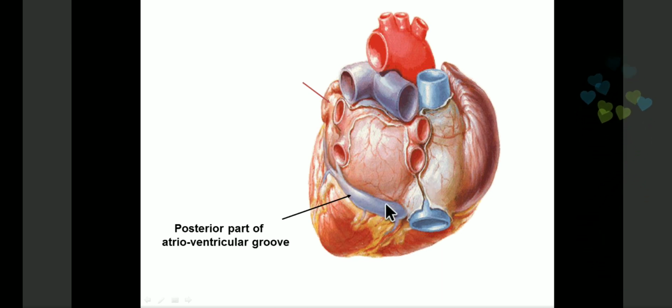So this is basically a circular groove or the coronary sulcus. This demarcates the boundaries externally between the atria and ventricles. Then one can identify the posterior part of the interventricular groove also in this region, separating the left ventricle from the right ventricle.